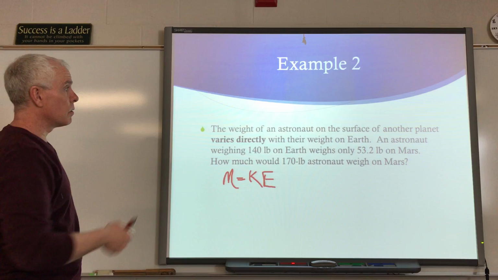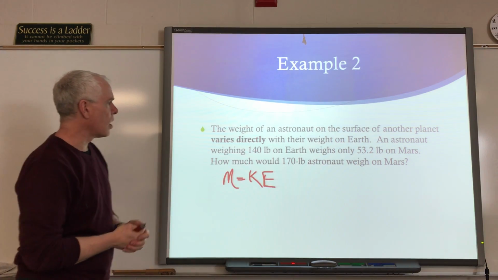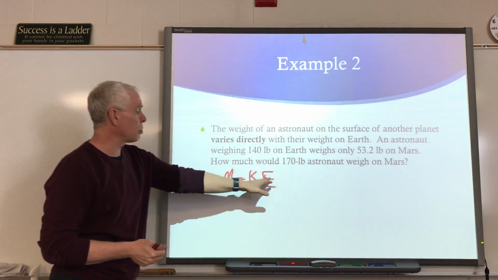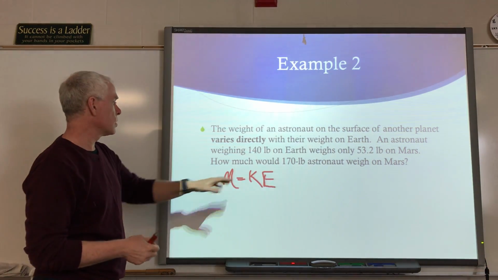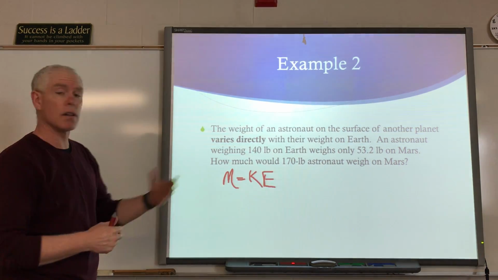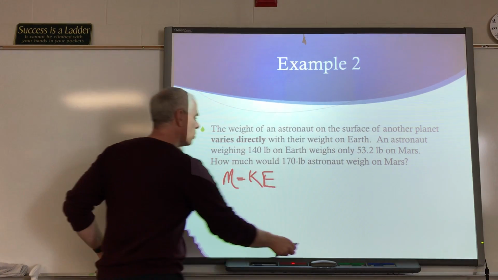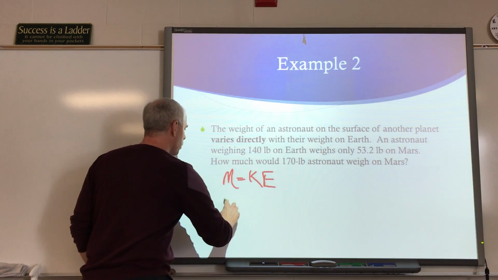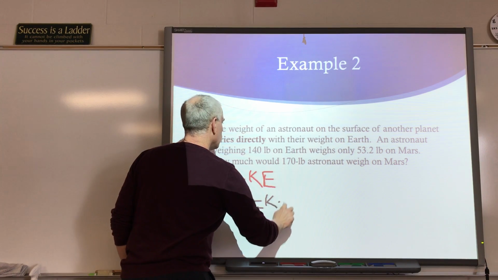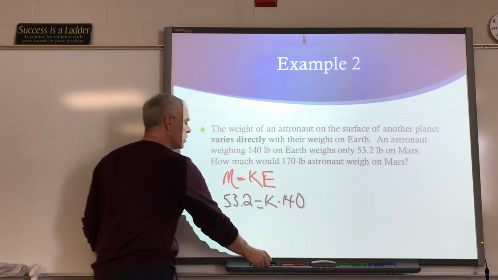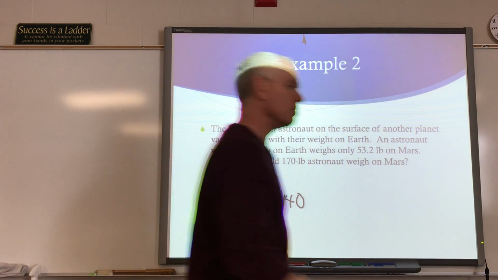Now they've given us some information. They've told us that someone that weighs 140 pounds on Earth, so I can replace E with 140, weighs 53.2 pounds on Mars, which would be what I would replace M with. That'll allow me to solve for k. So 53.2 pounds on Mars to 140 pounds on Earth. Just substituting those values that I know.